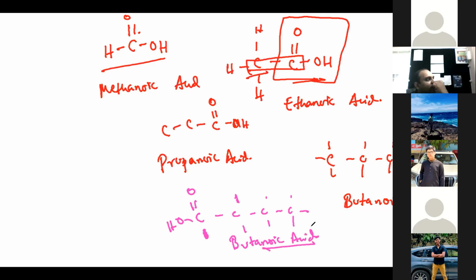So if you have a 4 carbon acid, we call it butanoic acid. If you have a 3 carbon acid, propanoic, 2 carbon ethanoic, 1 carbon methanoic. So we are done with the initial part of organic chemistry.